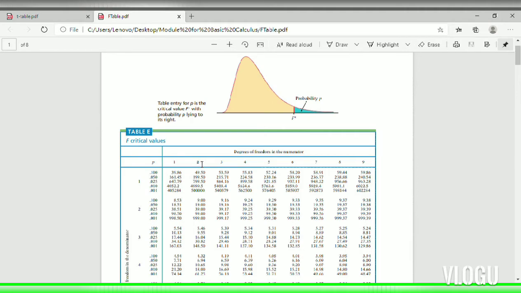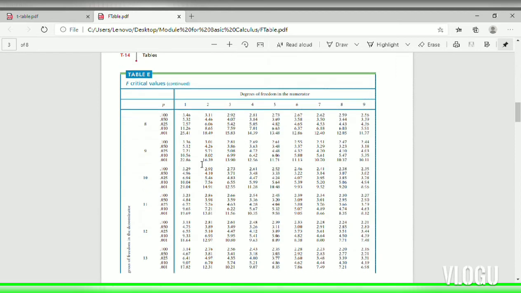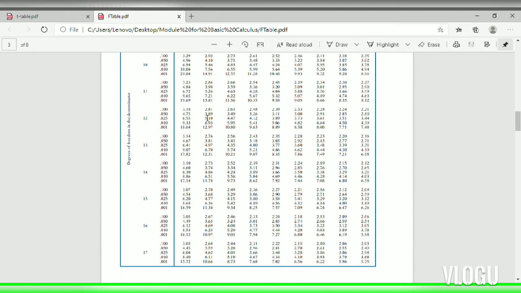So the intersection of this is 3.89. So sakto tong ang atong F ratio sa table.